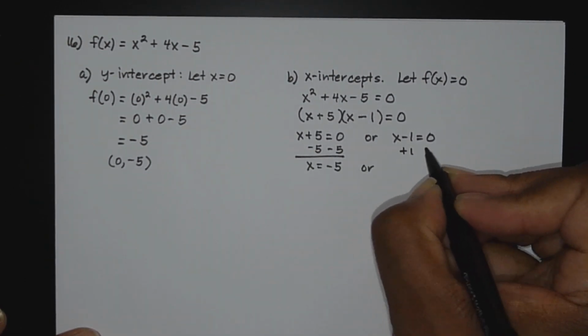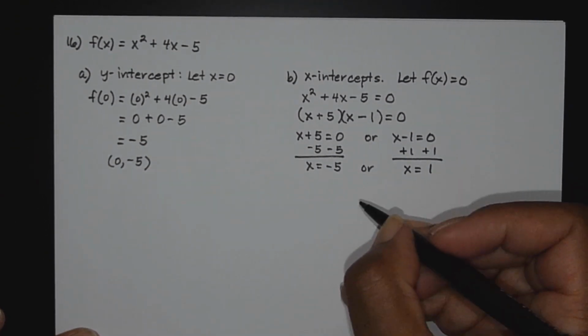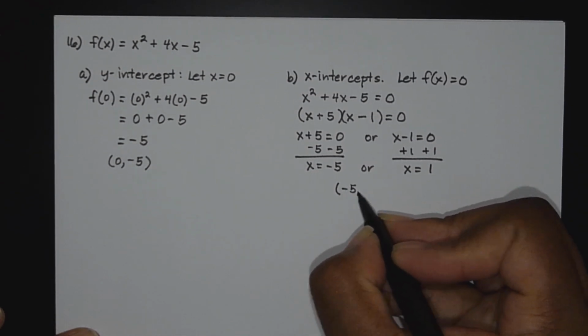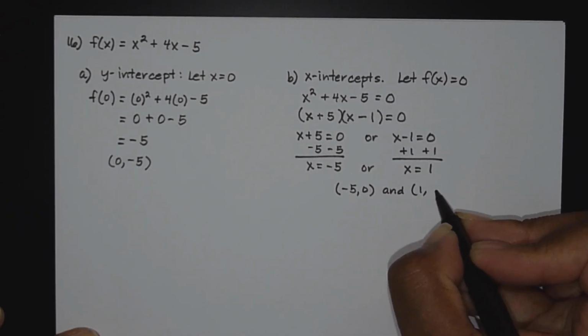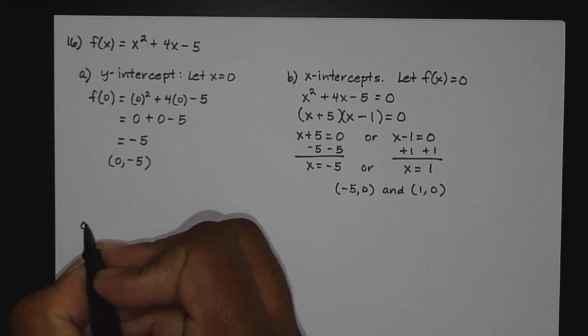For x minus 1 equals 0, x is equal to 1. So my two x-intercepts will be negative 5, 0, and 1, 0. Those are the points where the graph of this parabola will be crossing the x-axis. Okay, so that's part B.